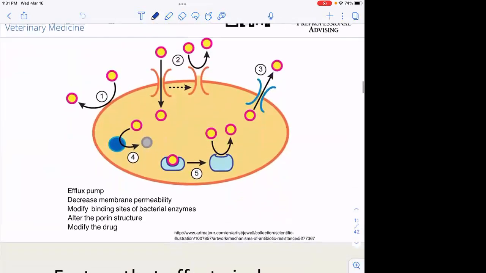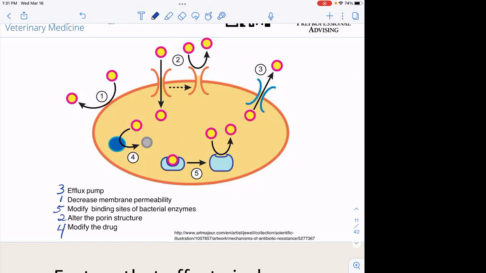Last time I wanted to write in the answers here. If you reviewed this, number 3 is efflux pump. Number 1, altering the porin structure, would be number 2. This is number 5, multiplying. And number 4.